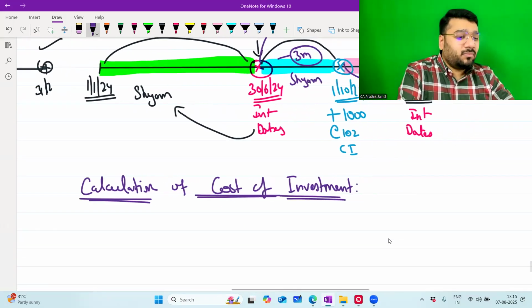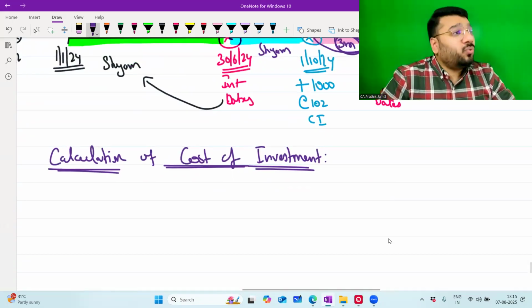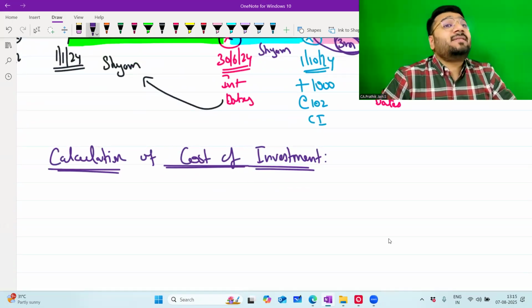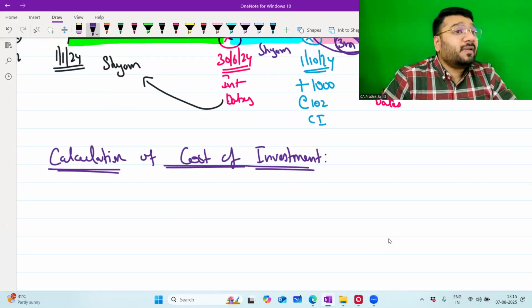Now, tell me what is the value that has been transacted between Ram and Sham? What is the agreed value between Ram and Sham? Which broker has finalized?